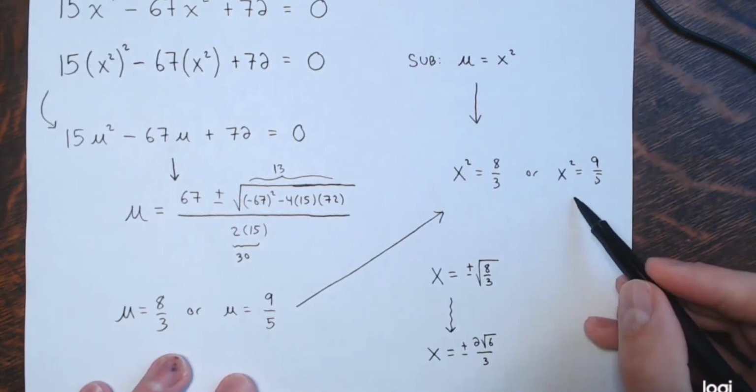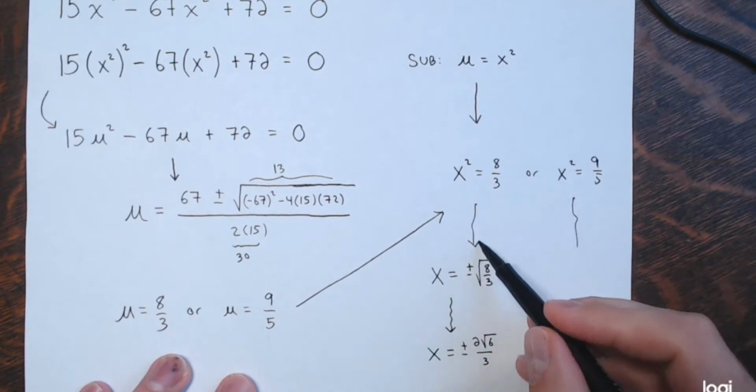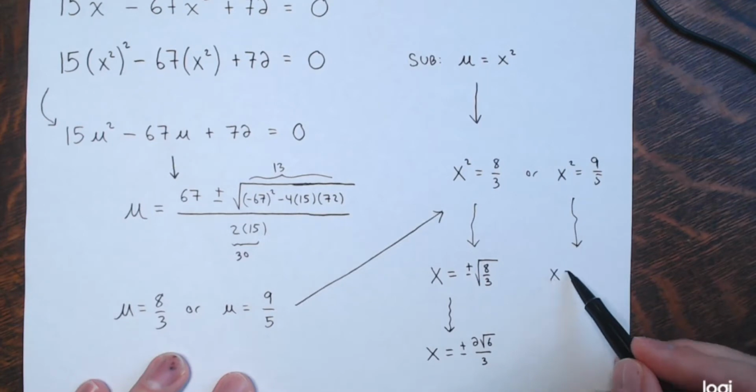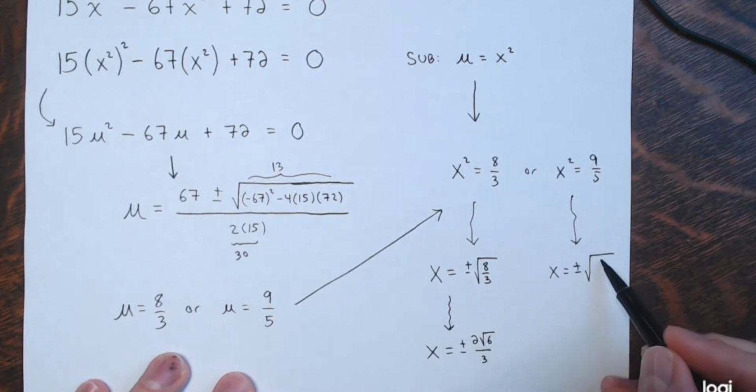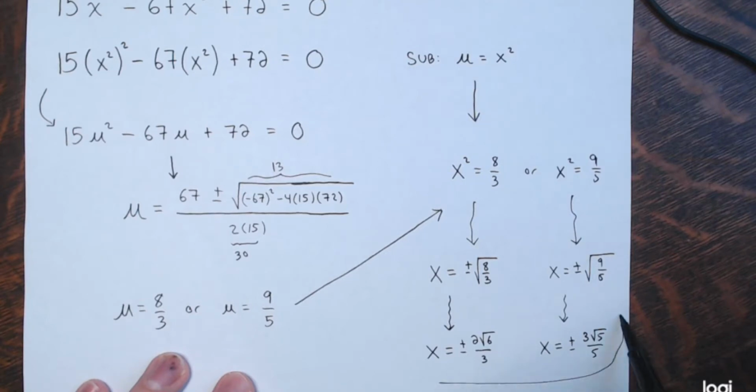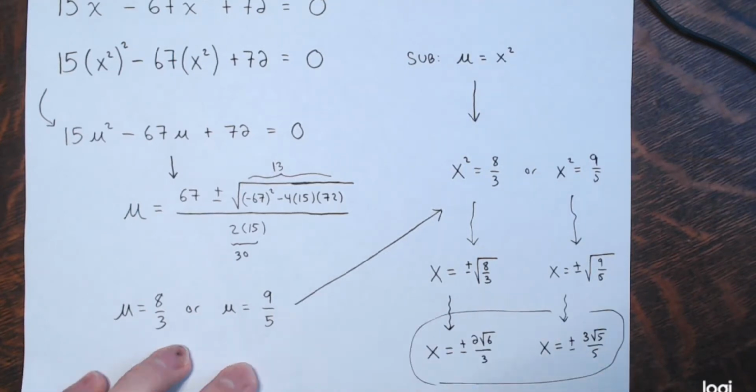And when x squared is 9 fifths, x equals plus or minus the square root of 9 fifths, or rationalizing and simplifying, plus or minus 3 times the square root of 5 over 5. There are the solutions of this equation.